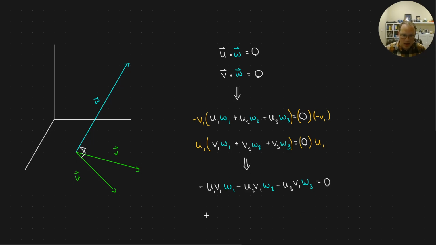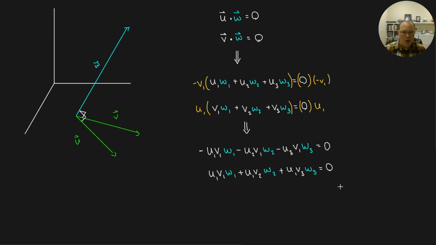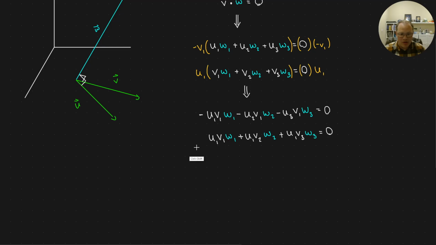And then the second equation, very similar. I get U1 V1 W1 plus U1 V2 W2 plus U1 V3 W3 equals 0. And now I can add these two equations together and one of my variables will eliminate.